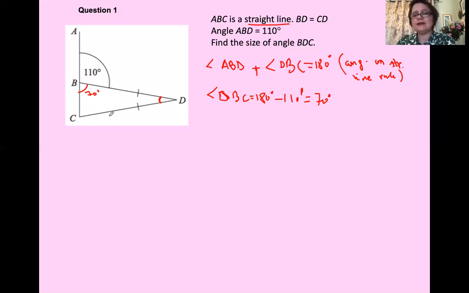Now, the other thing that you are given in a problem is these two lines, BD equals DC. So what does this mean? Again, if you are given two lines that are equal in a triangle or in any shape, think of why. There is definitely a reason. That means the triangle BDC is an isosceles triangle.